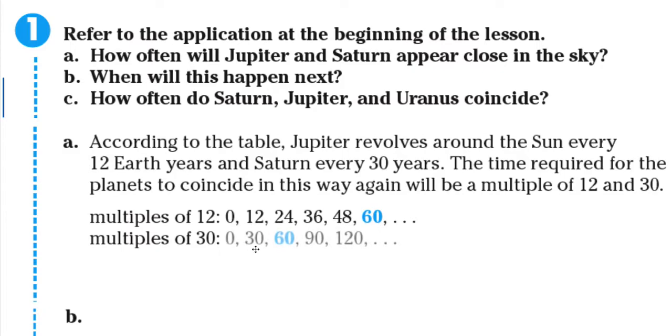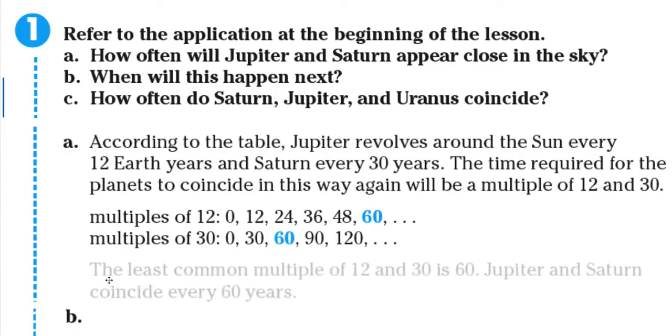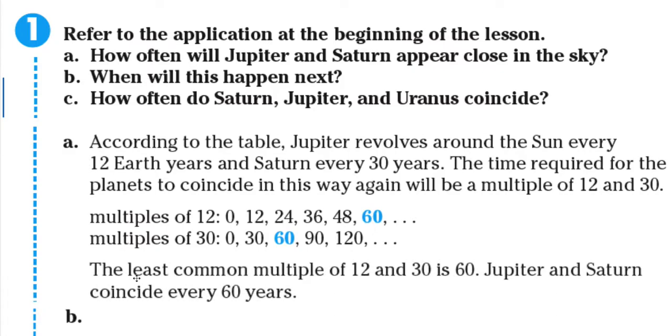And for 30: 0, 30, 60, 90, and 120. The least non-zero common multiple is 60. So the least common multiple of 12 and 30 is 60. Jupiter and Saturn coincide every 60 years, so you see them very close to each other in the night sky.